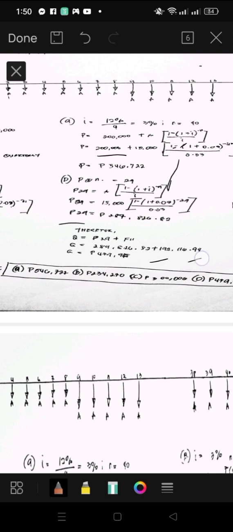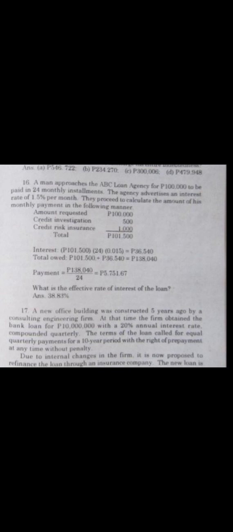So we proceed. Our next problem is number 16. A man approaches the ABC loan agency for 100,000 to be paid in 24 monthly installments. The agency advertises an interest rate of 1.5% per month.